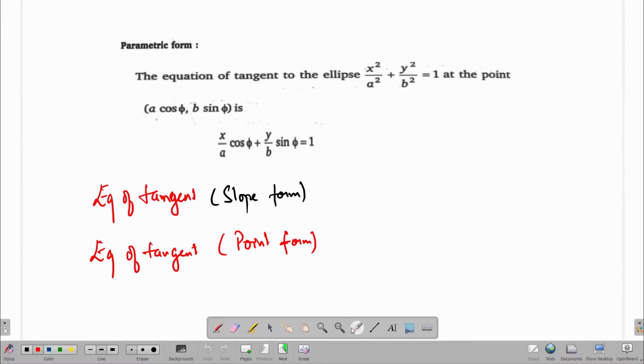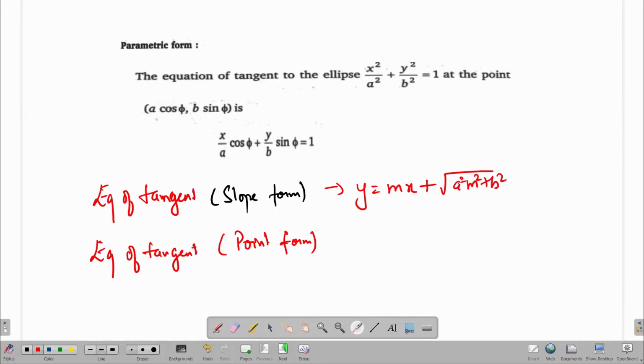As I already discussed with you, there are two types of equation of tangents. The first is the equation of tangent in slope form, where we use the condition of tangency, and the equation is y = mx + root of (a square m square plus b square).